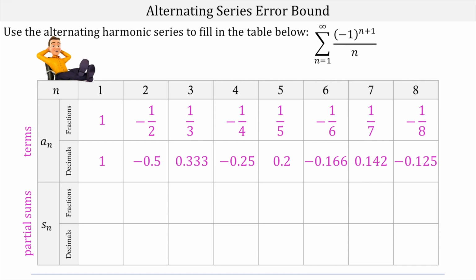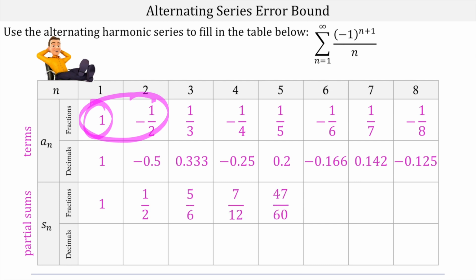Now let's take a series of partial sums. So the first partial sum is just the first term, that's 1. The second partial sum is the first 2 added together, that's 1/2. The third partial sum is 5/6, and we'll keep going.